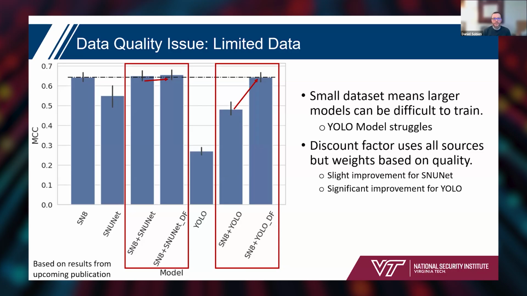And then what we see when we add a discount factor is that the baseline plus the YOLO model with the discount factor basically doesn't have any degradation, and the baseline with the SNUNet model with the discount factor, we see a very marginal improvement, which is promising. I think having more data would obviously help these models improve a little bit more.